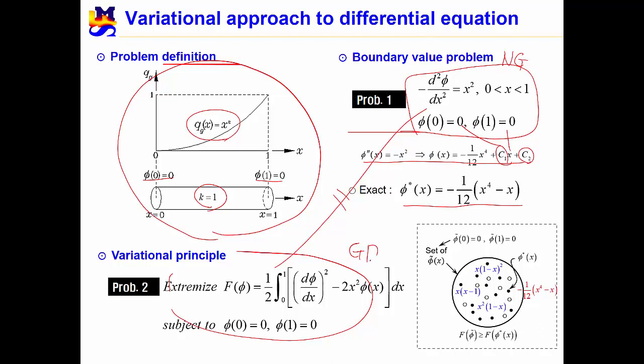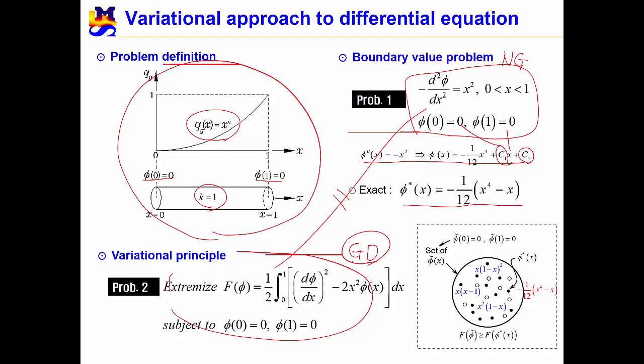However, following this method, we can get approximate solutions from this variation principle. Of course, I think you know that this idea is the major theoretical background of FEM we want to study further.